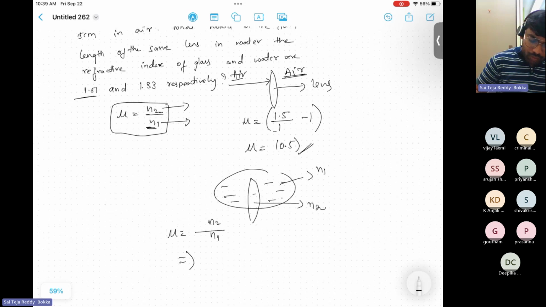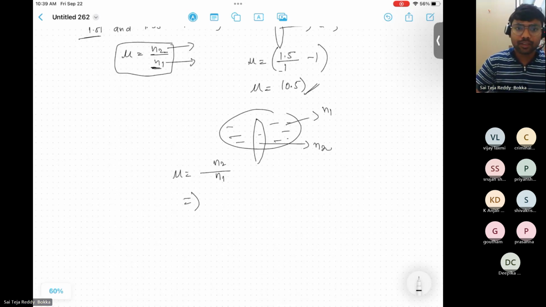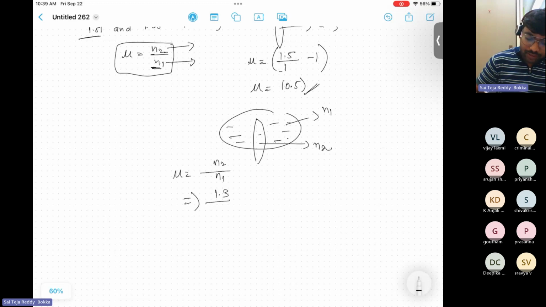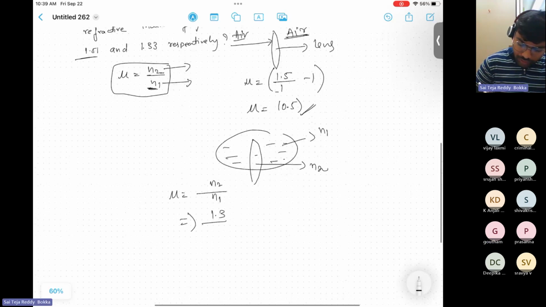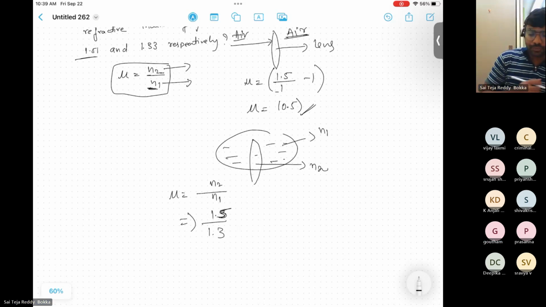They have given it as 1.3. Here the refractive index of glass is 1.5 and the water is 1.3. So while you are calculating this, you will get a mu value here again.